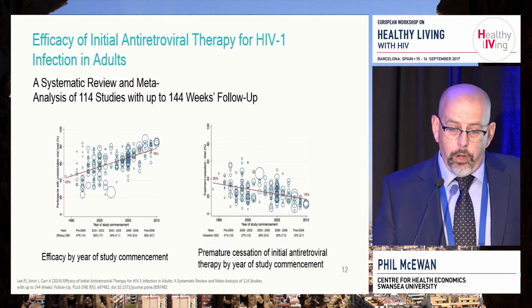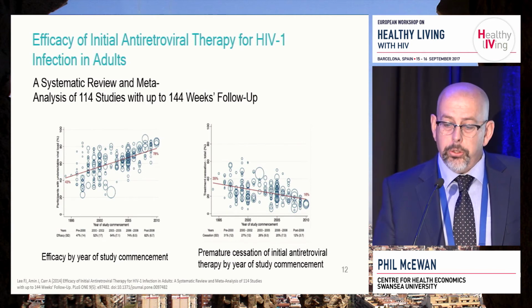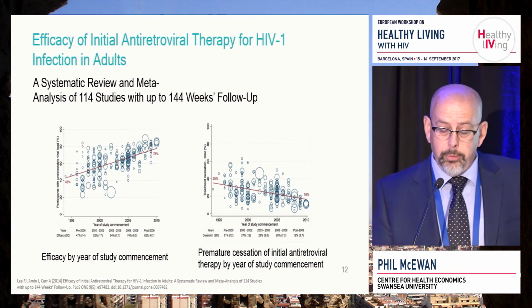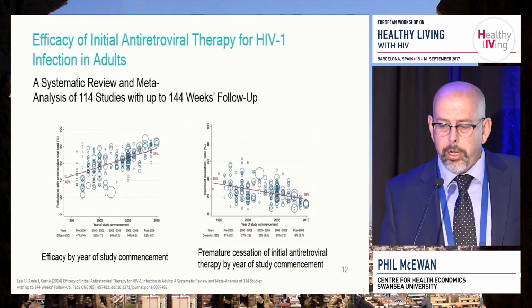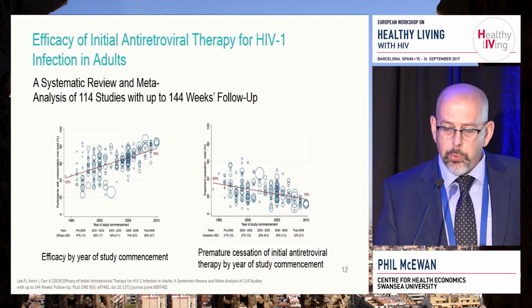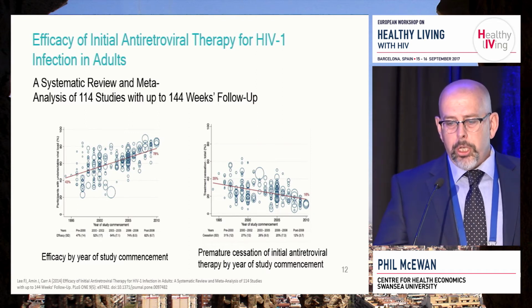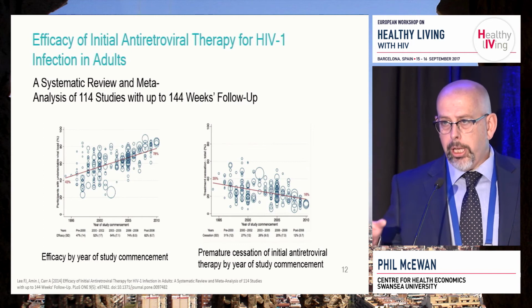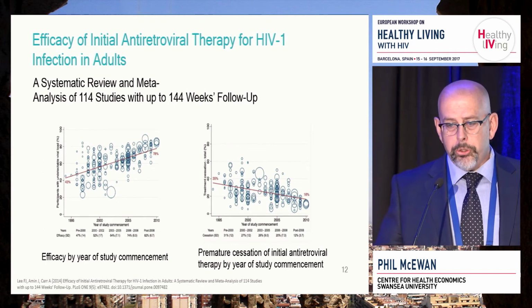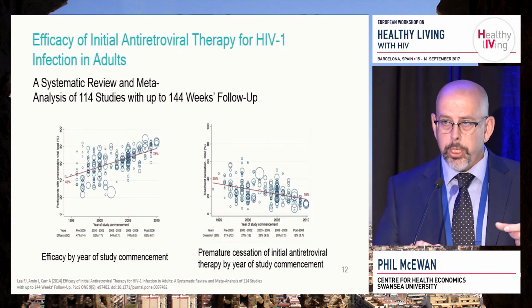As well, this graph on the right-hand side shows the treatment discontinuation, predominantly as a function of either adverse events or patient choice, and that's been decreasing as well over time. The point I wanted to make with this slide is that when we continue to do health economic evaluations of new regimens in HIV, what we'll be seeing is increasingly marginal differences between these new technologies.